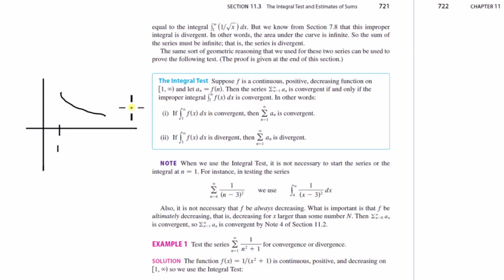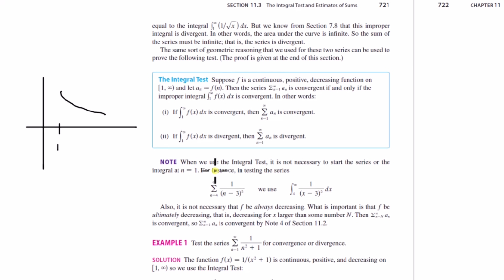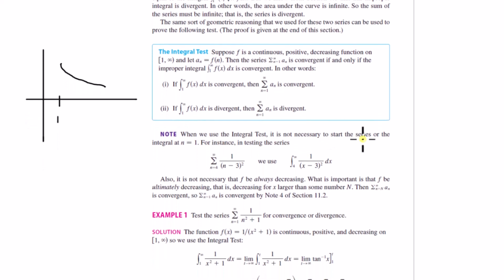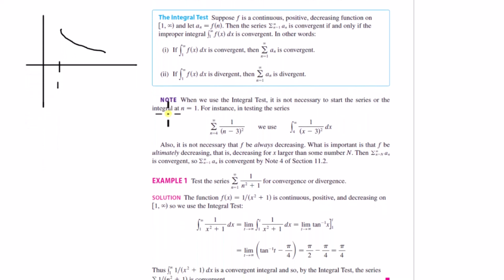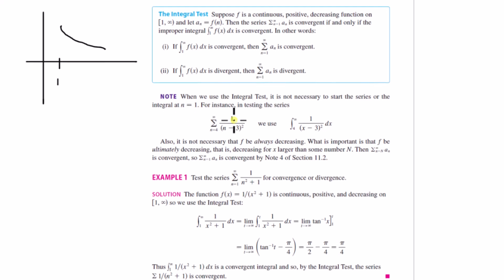Okay, now, it's important to note about this integral test that when we use it, it is not necessary to start the series or the integral at n is equal to 1. Yeah, and so what they're saying here is that it's stated that everything starts at 1, but you have a lot of flexibility with regard to the start point.